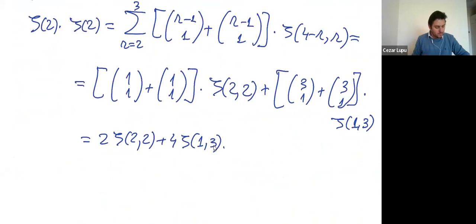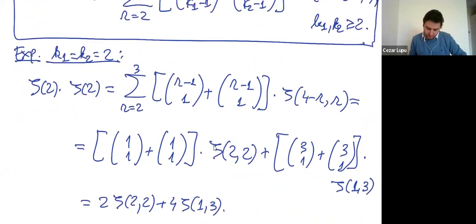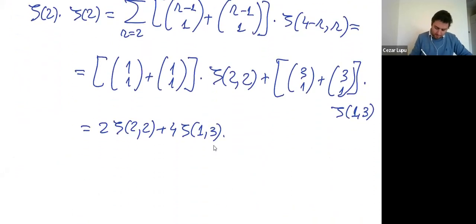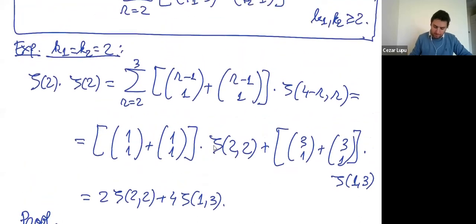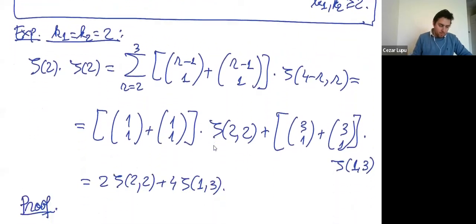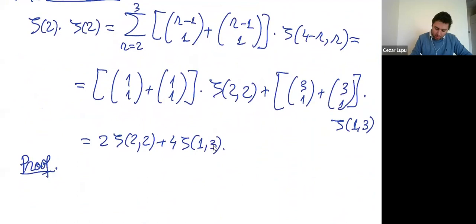So the idea of the proof is the following. Just like it says in the book, the proof is pretty easy. So it relies on the following lemma.